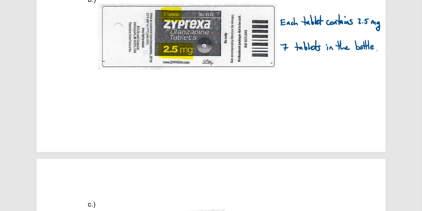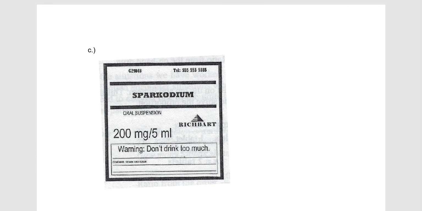Okay, and then for this next one here, for the strength per dosage, we have 200 milligrams per 5 milliliters. So what that means is 200 milligrams are contained in every 5 milliliters. And for this one, it doesn't look like it tells us how large the bottle is.